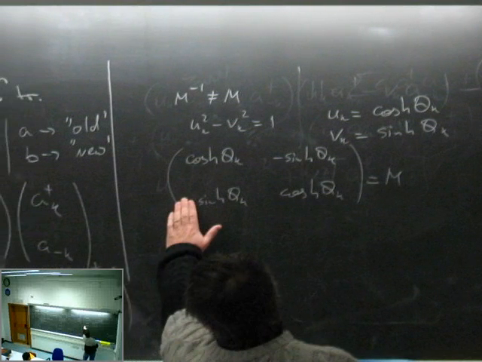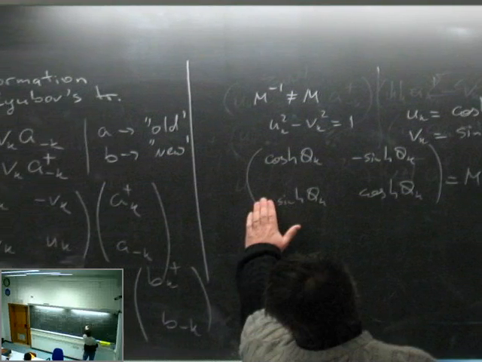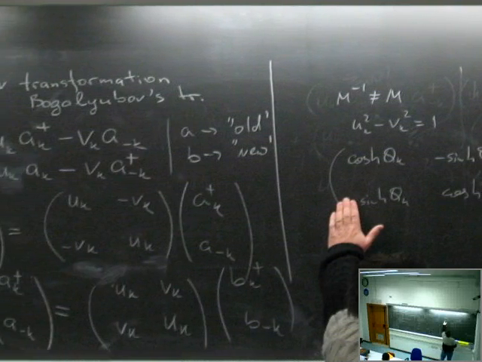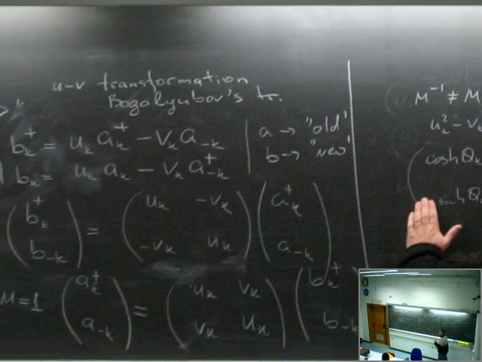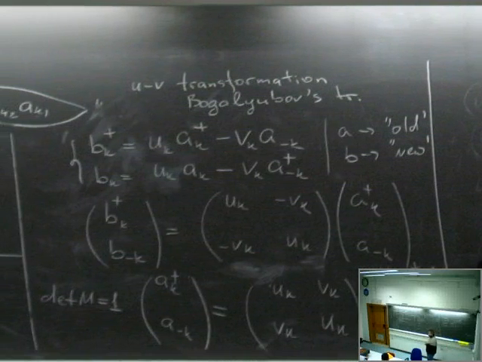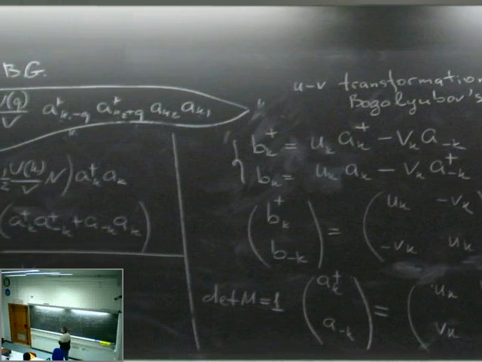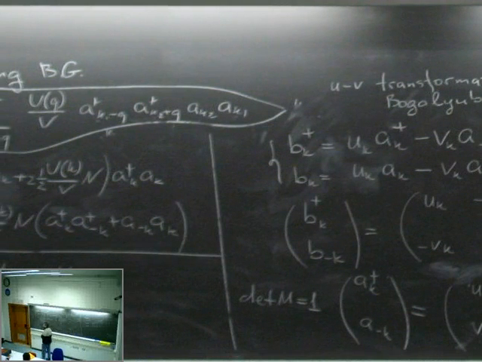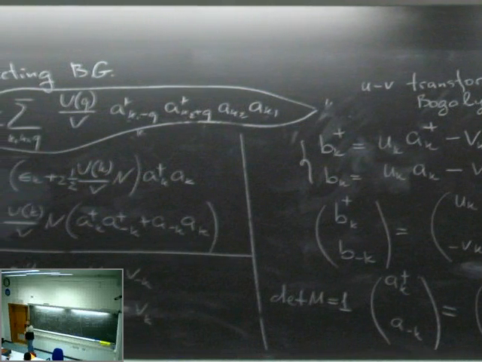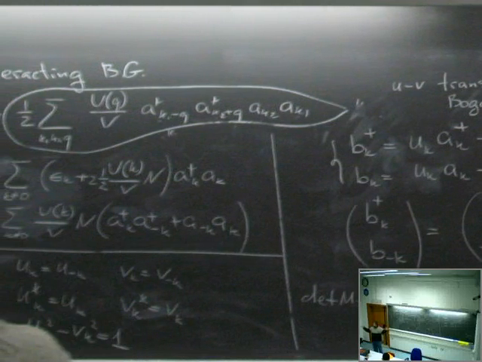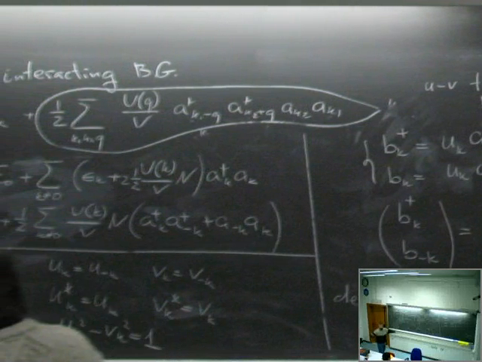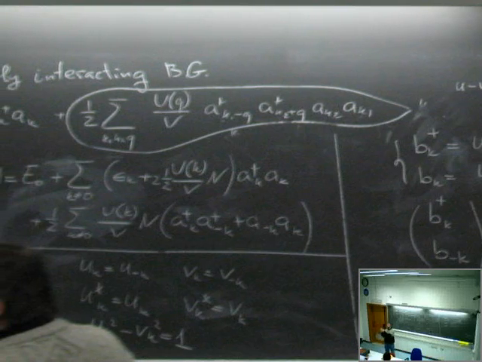It's sufficient to have cosine, minus sine, sine, cosine, and then the determinant u squared plus v squared is equal to 1. Here I have also a kind of rotation, but not in a spherical coordinate system, but in a hyperbolic coordinate system, which is non-compact. Your hyperbola goes to infinity, unlike a sphere, which is compact.